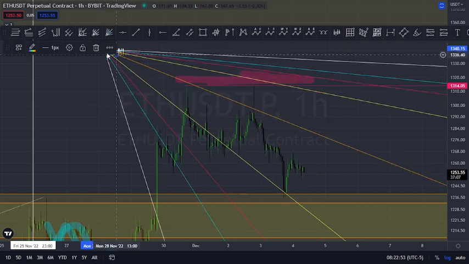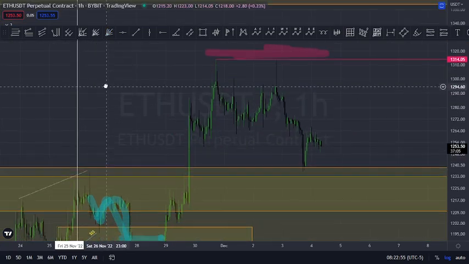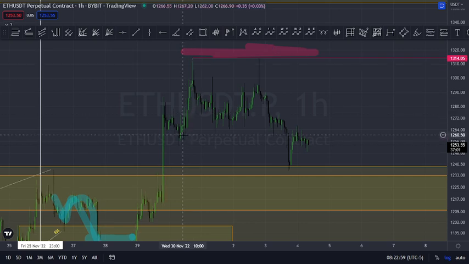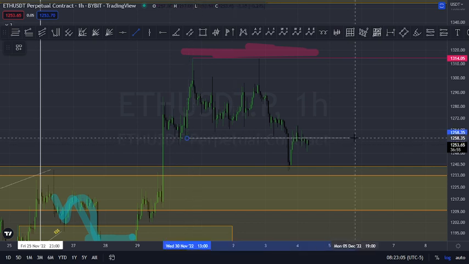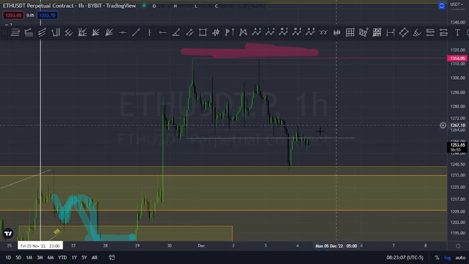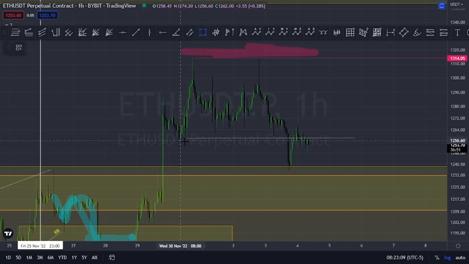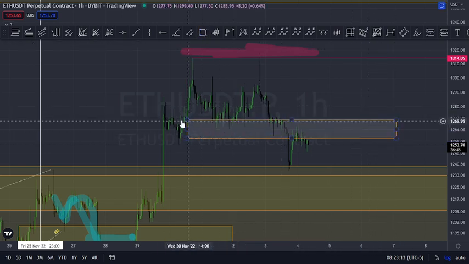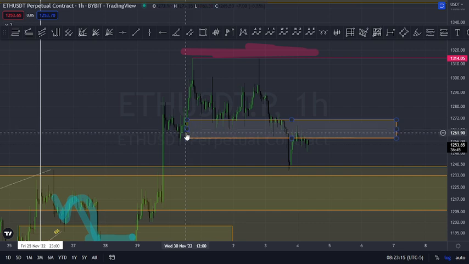But we know that if the high is this, the low was this one, and the low got broken also. And this is the breaker candle, which means the smart money bought here.